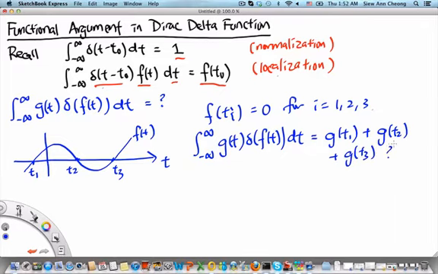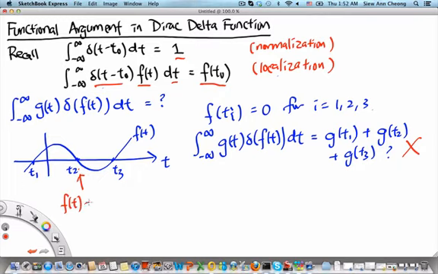So is this true? And the answer is, well, not quite. We're still missing something, and in order to see that something, we have to talk about the Taylor series expansion. Let's say we Taylor series expand f of t about t2.